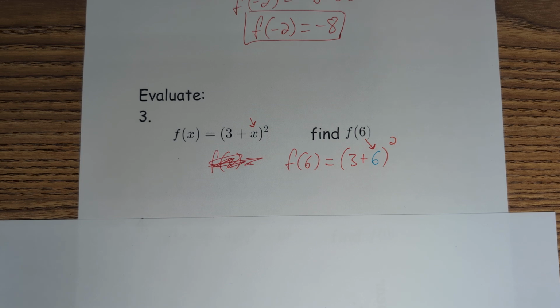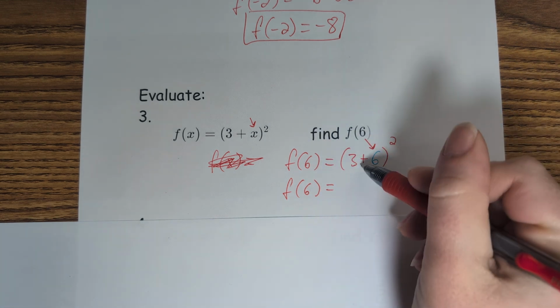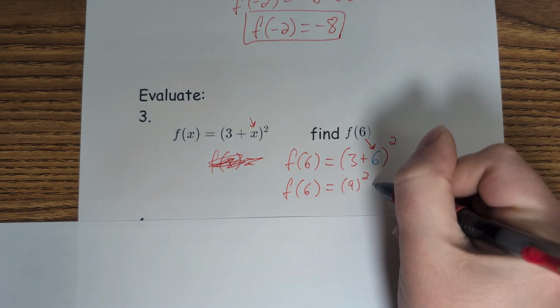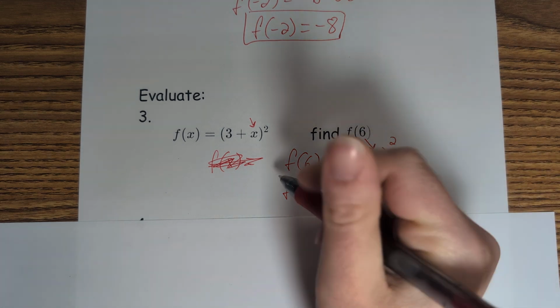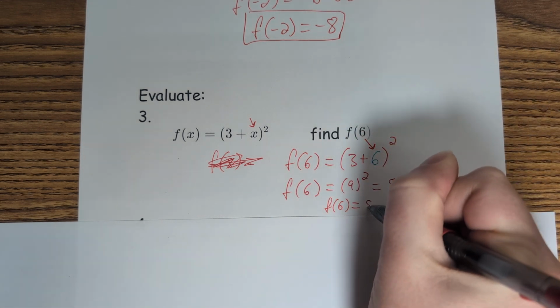One thing I'd like to point out, if you're in my class and you have access to the calculators, I'll show you how to do this on the calculator in a minute. So f of 6, 3 plus 6 is 9. So really this is going to be 9 squared, which is 81. F of 6 equals 81.